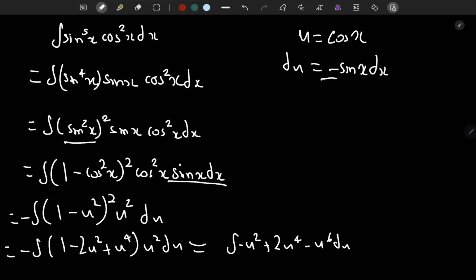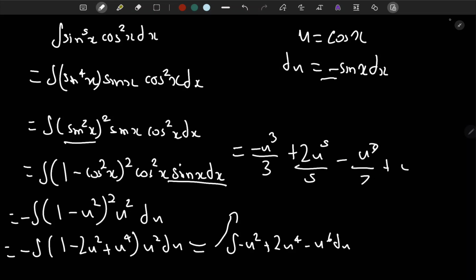And now we just need to integrate this. So I'm going to write it up here now, equal to minus u to the power of 3 over 3 plus 2u to the power of 5 over 5 minus u to the power of 7 over 7 plus c.